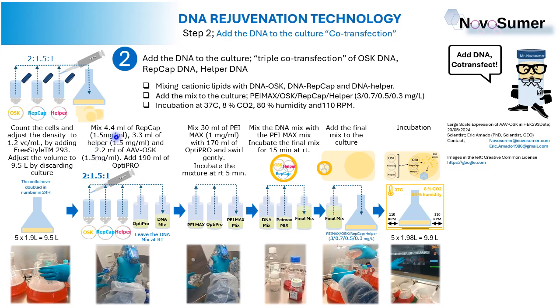Remember, 4.4 milliliters of RepCap, 3.3 milliliters of helper, 2.2 milliliters of EVO's DNA, and 190 milliliters of OptiPro. We mix these four things together, the DNA and the OptiPro, in a bottle, and we leave it at room temperature. So we have here the DNA mixture.